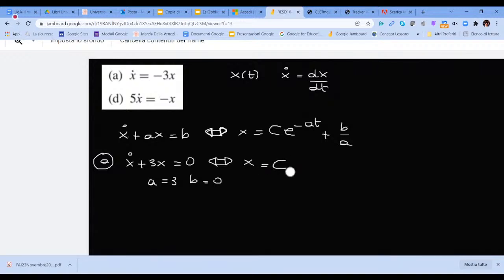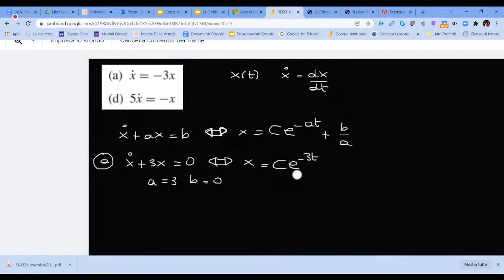So it is c e to the minus 3t plus 0, because b is 0, 0 divided by 3 remains 0.